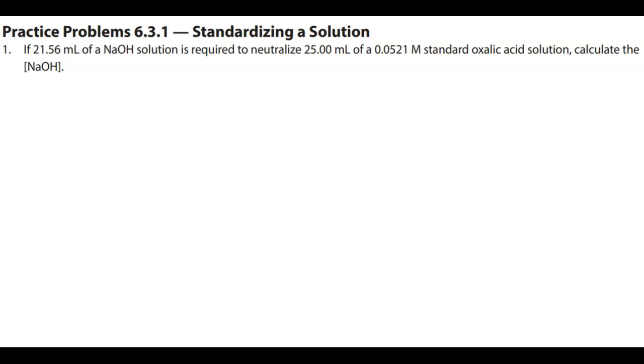Okay, so let's take a look at some practice problems of determining some unknowns. We have here a volume of NaOH, and if we require this much to neutralize an acid, we have the concentration and the volume of the acid.